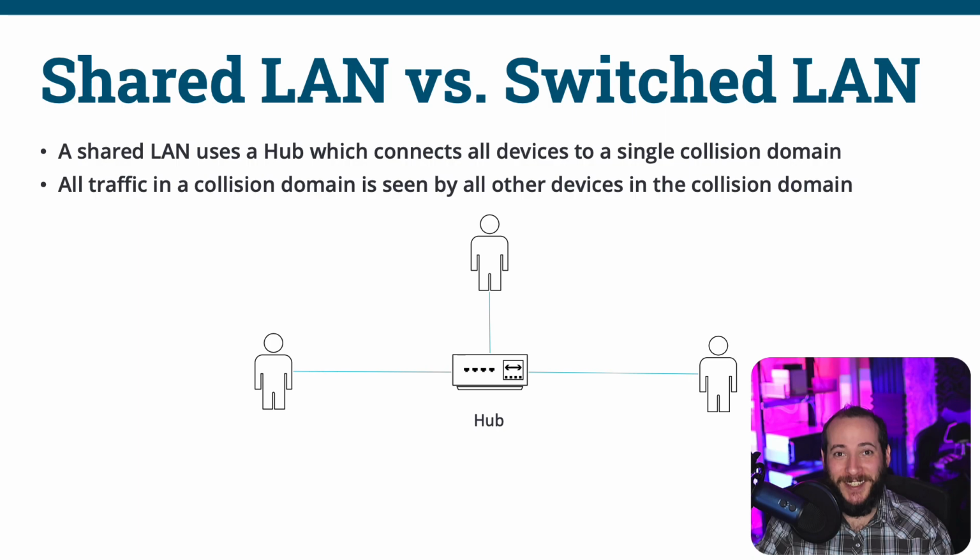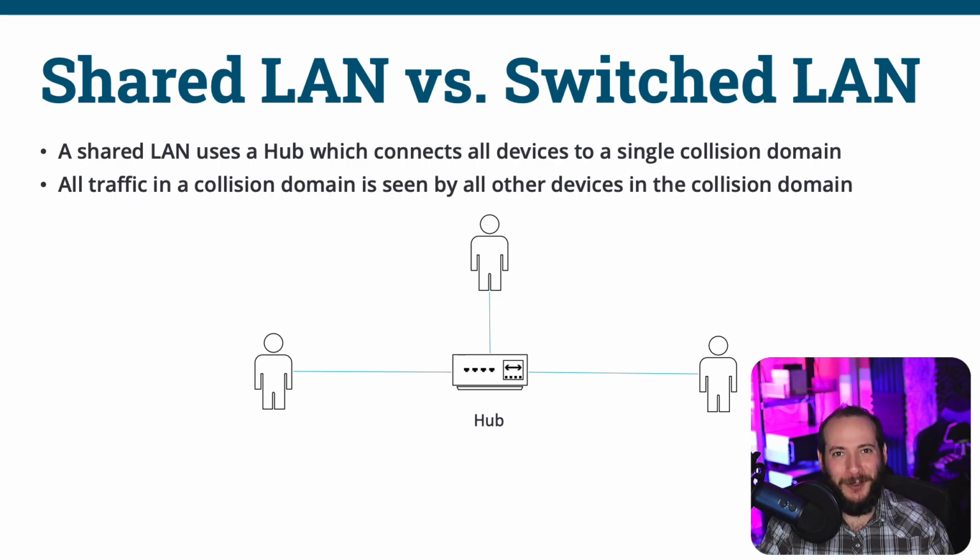As you can imagine, this could certainly pose some security concerns with unintended recipients gaining access to potentially sensitive information. Hubs do not use or need any intelligence when forwarding data. As all data is seen by all connected devices, the traffic will be sure to reach its destination, along with all other connected devices. So, a shared LAN uses hubs.